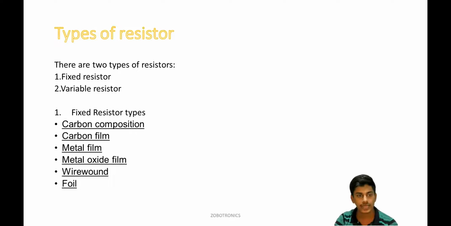First is carbon composition, second is carbon film resistor, then metal film resistor, metal oxide film resistor, and wire wound resistor. Wire wound resistor is basically some bigger resistor, and it is in the shape of a cylinder. And the last one is foil resistor.